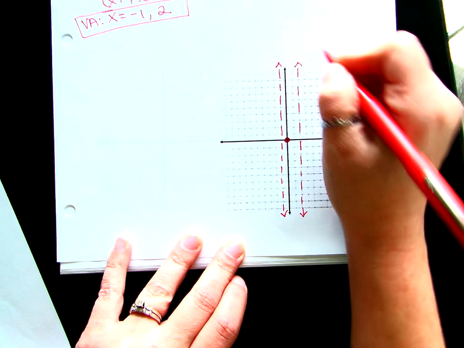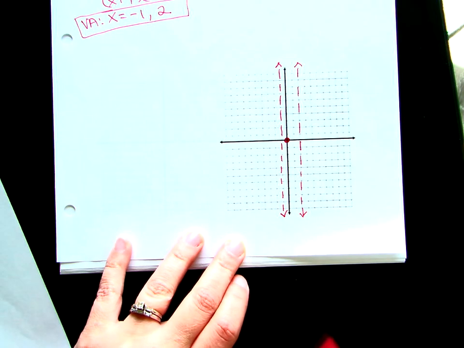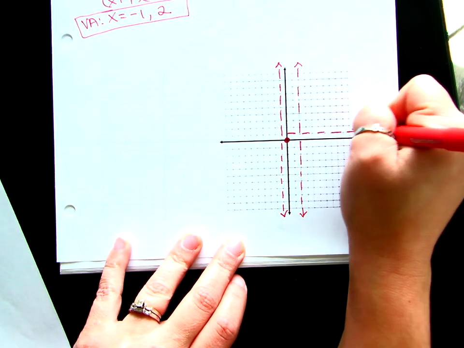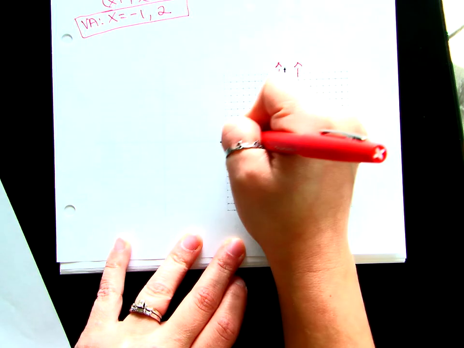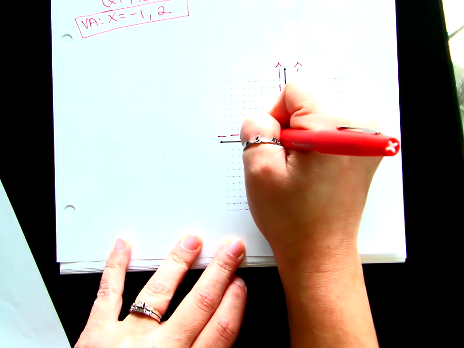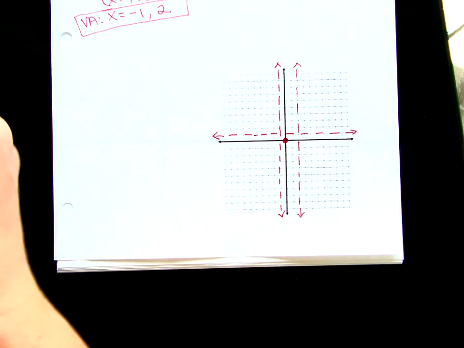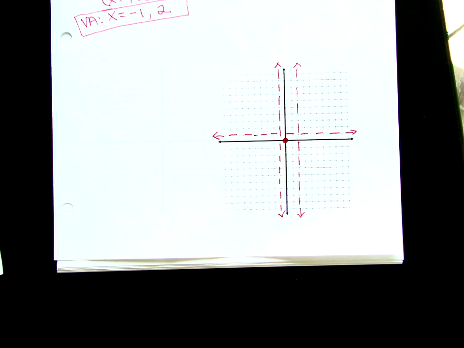And I have a horizontal asymptote at y equals 1. So that's the information that I have. Obviously, not much of a graph is going on here yet.